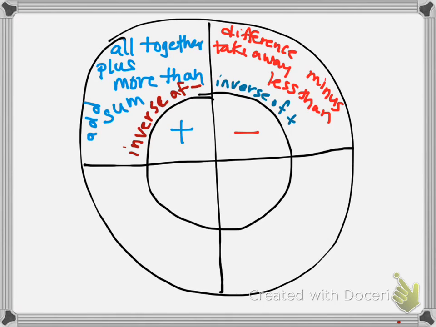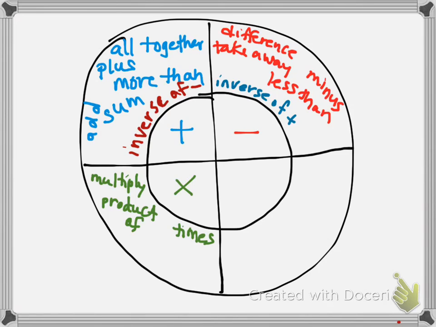So let's talk about words that tell us to multiply. Obviously, we've got multiply. We've got product, which is the answer to a multiplication problem. Times, that's the one we hear most often now. Let's see. Of, when you think of that percent proportion, what percent of 32 is 16?